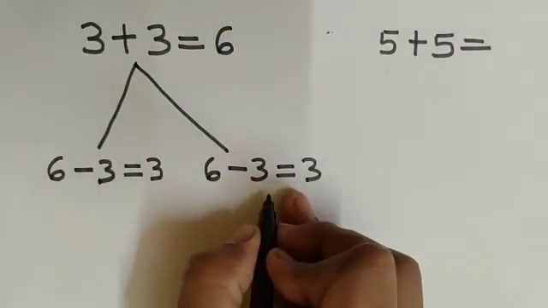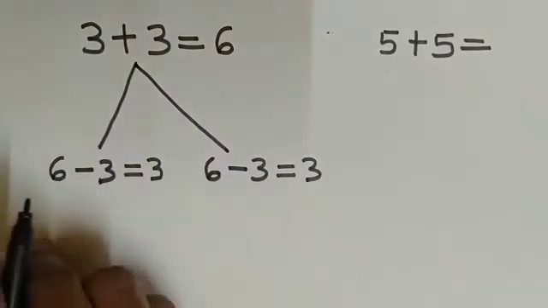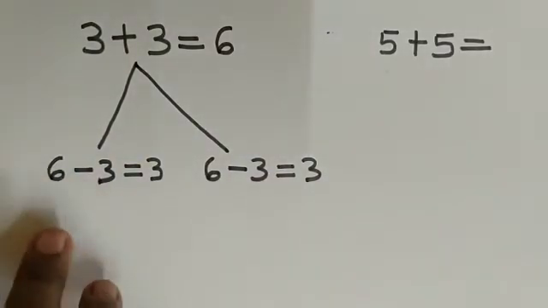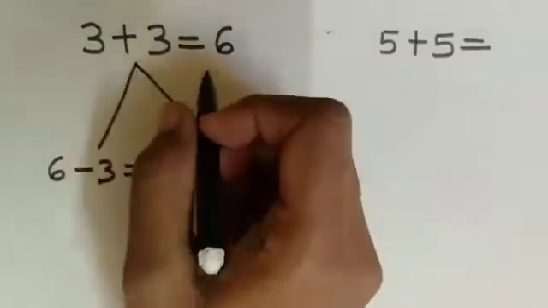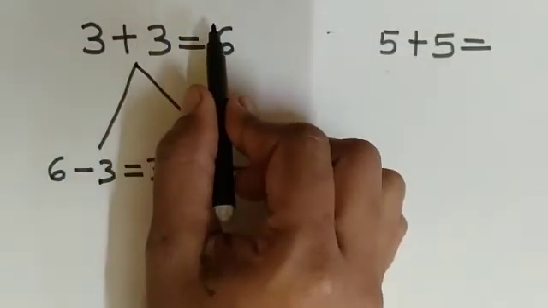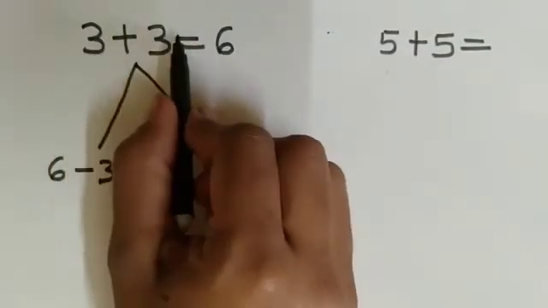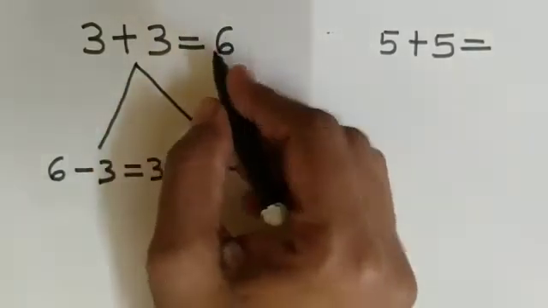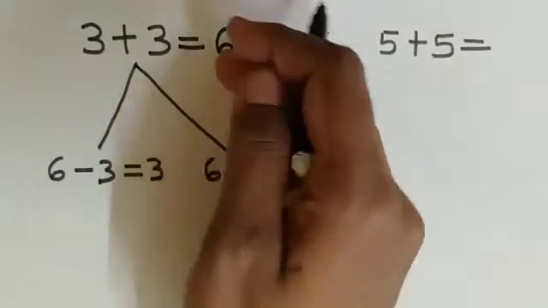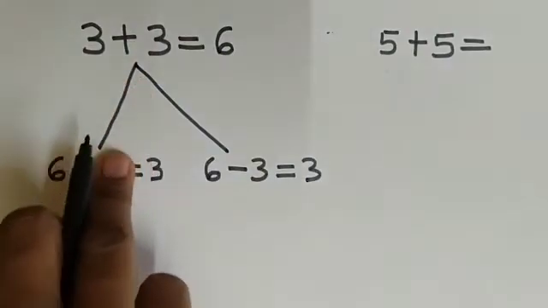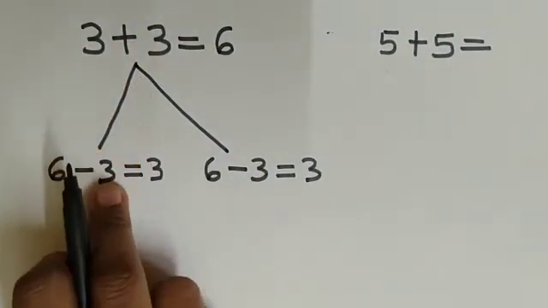So what do you understand, children? In this type of example, when you are adding the same number, then you will get the sum, and from this you will get only one subtraction equation.